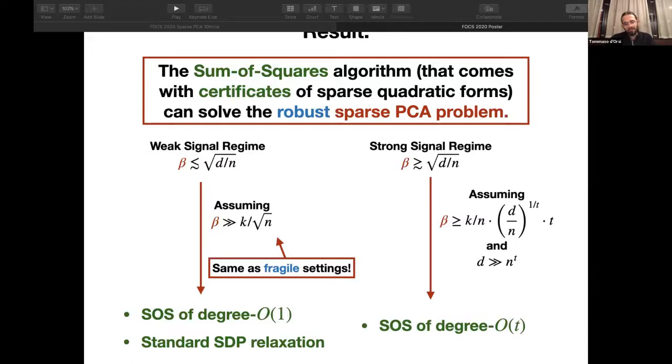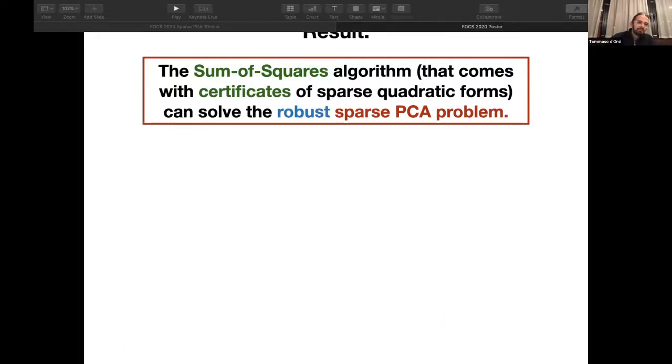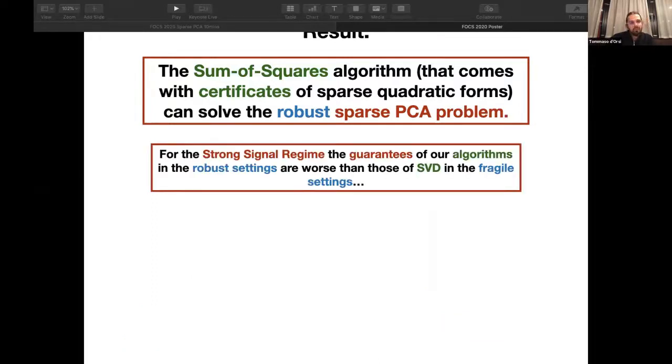If you don't remember the ones I showed you, just see that the bounds on beta look more complicated, and we have another constraint that relates D with N. Here we require D to be larger than N to the T, where T is the degree of the sum of squares. So what is happening is that for the strong signal regime, we don't get the same guarantees as in the fragile setting, and in particular, these are worse than what we used to have.